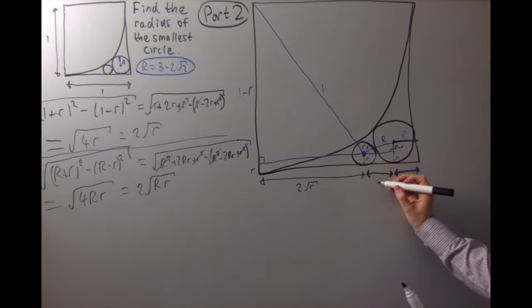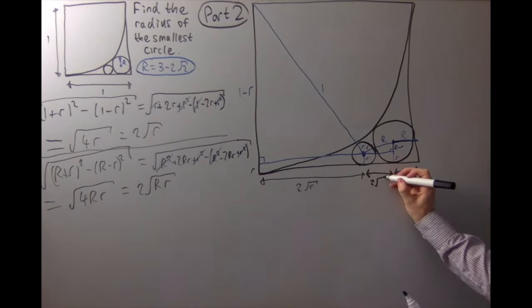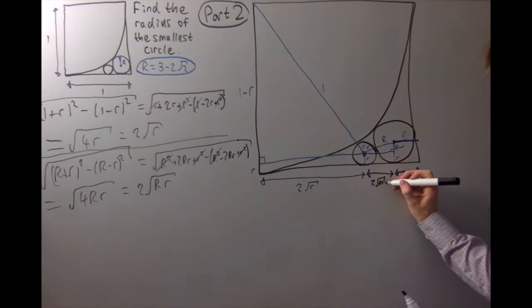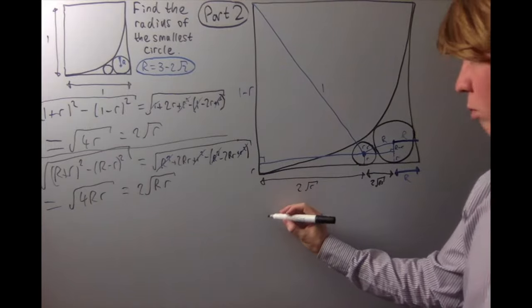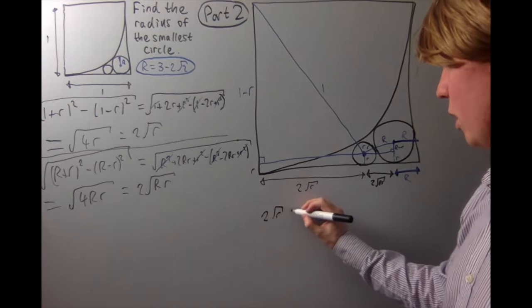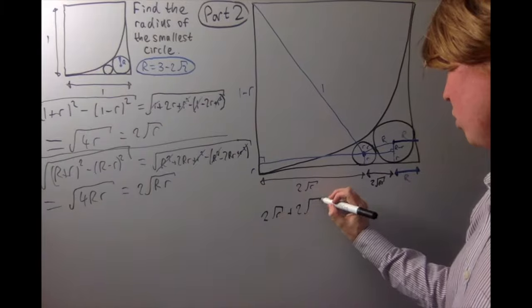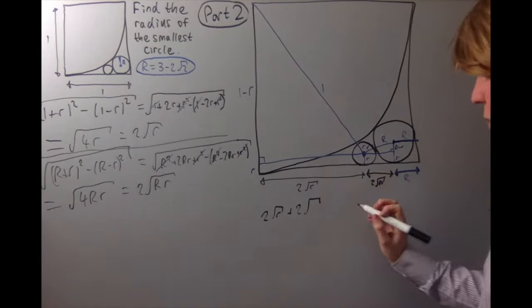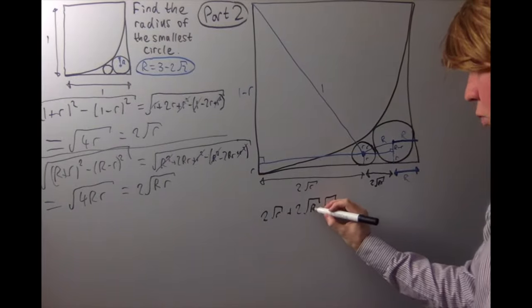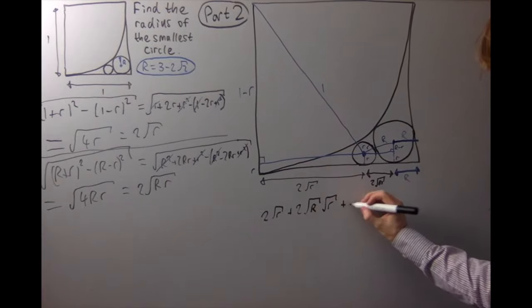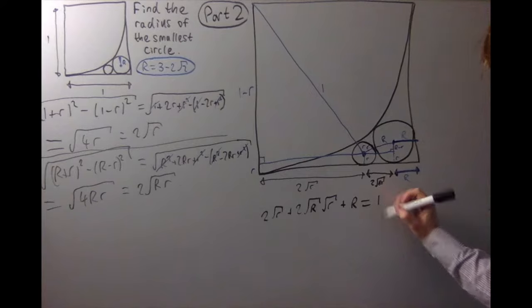We can add this to our diagram here, 2 root big R little r. And then we know that this total length here is equal to 1, so what we've worked out is 2 root R plus 2 root R root small r. I'm going to write this as root big R root little r plus capital R is equal to 1.